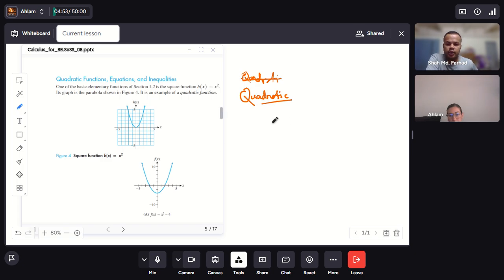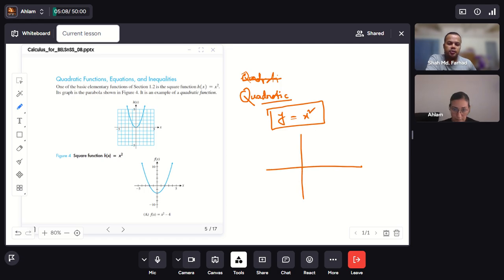So the standard form of the quadratic equation is what I discussed in the last session. Can you remind me that if we have y equals x square, then the shape of the graph of the equation will be just like this, right? That will be a U shape.